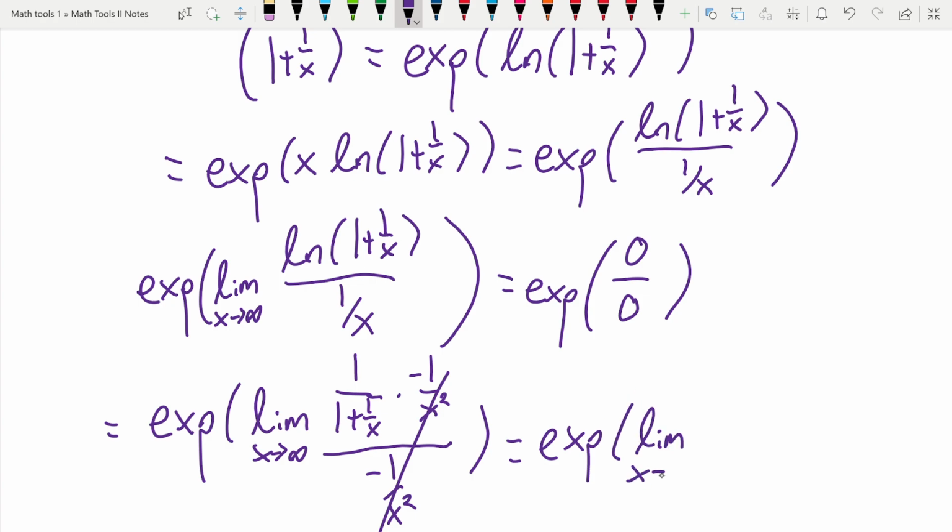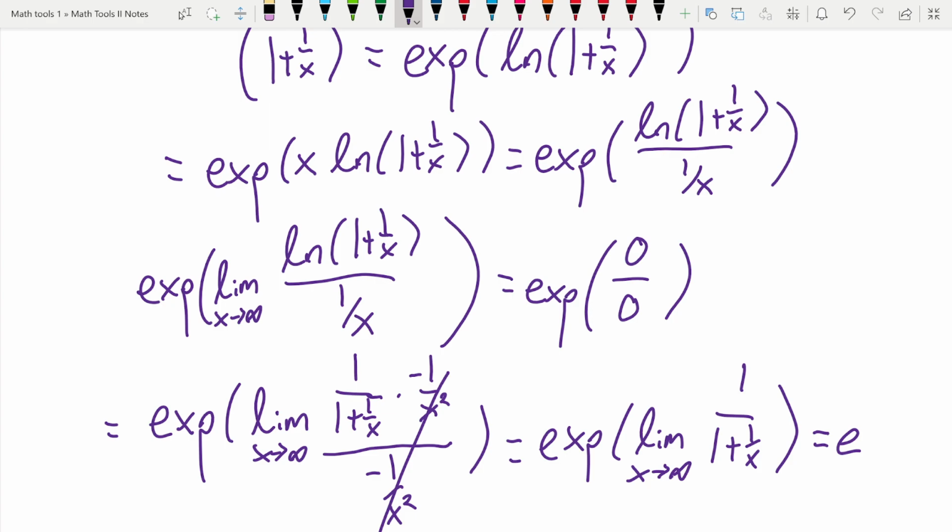So we get the limit as x goes to infinity of 1 over (1 + 1/x). Again, the limit as x goes to infinity of 1/x is 0. So this whole thing is going to end up being just 1. So this is e to the 1, which is just e.